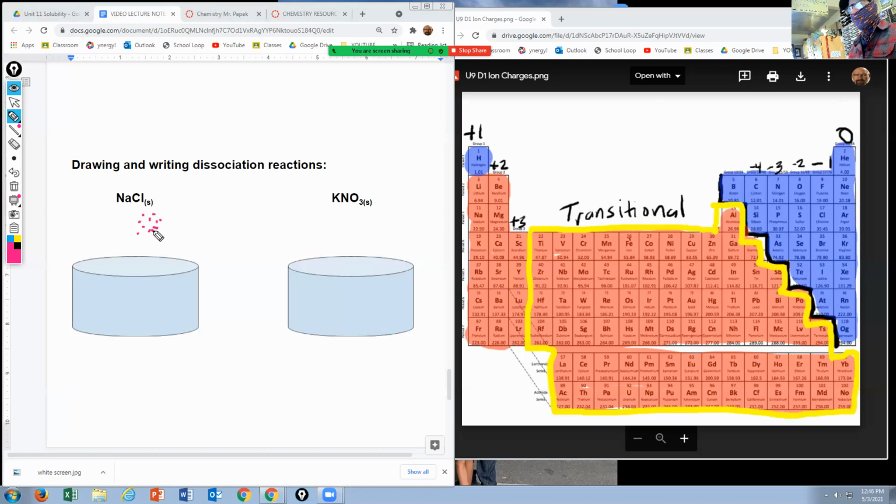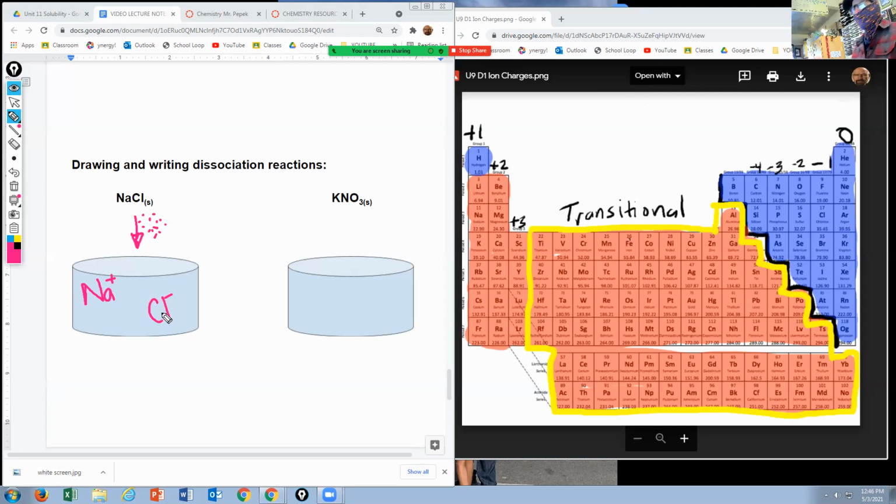So we're going to take this solid table salt and we're going to drop it into this container of water. If you ever see a container like this, it's water. What's going to happen is that the sodium and the chloride are going to break apart. It's going to break apart into Na+, and it's going to break apart into Cl-.